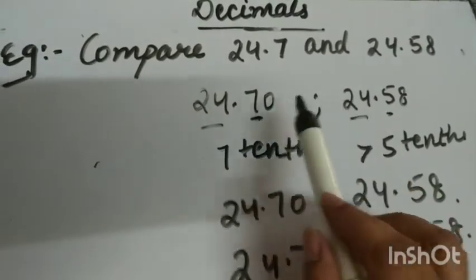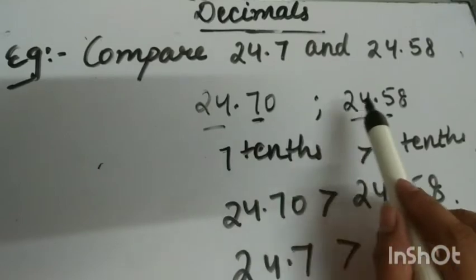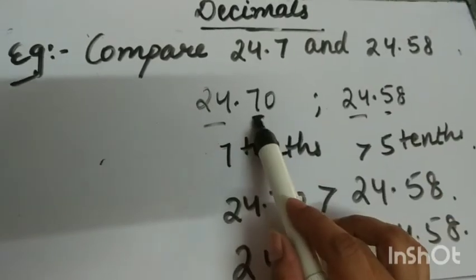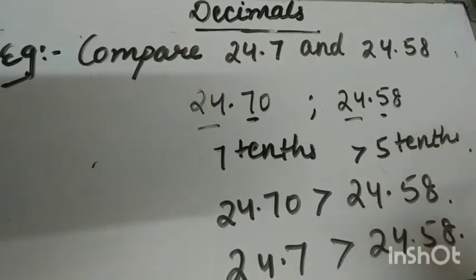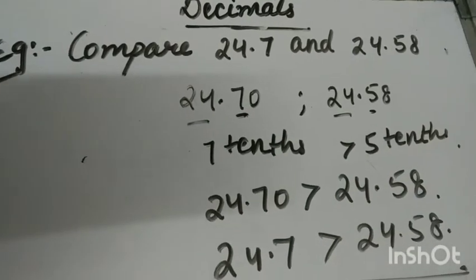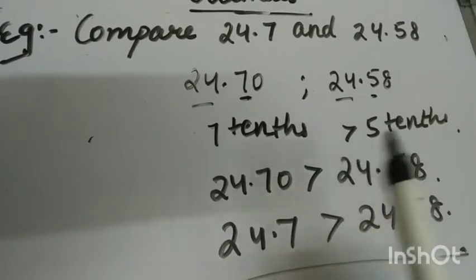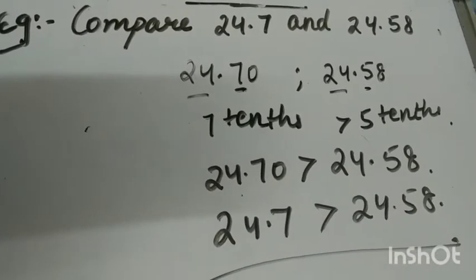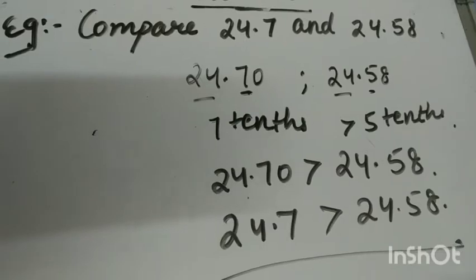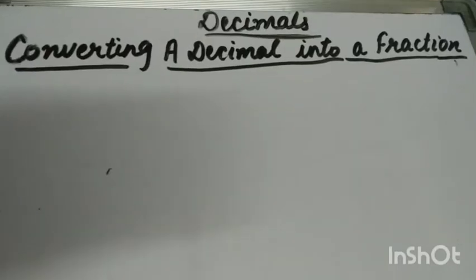If the whole number parts are the same, then we compare the tenths place. Here the tenths place is 7, here it is 5. The decimal with the greater tenths place is greater, so 24.70 is greater than 24.58. This is how we compare decimals.